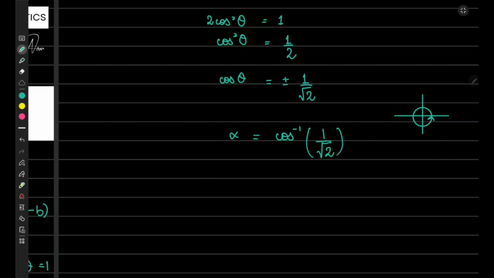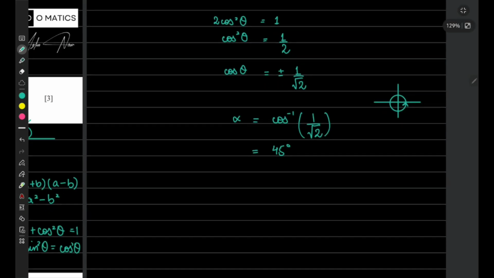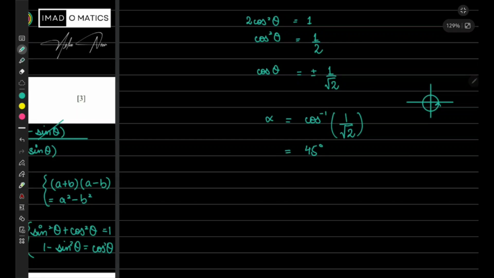Cos inverse of 1 over root 2 is actually 45 degrees because the range is given in degrees, so I'm taking degrees. Now we will be taking the angles, the positive angles, because we have positive 1 over root 2 and negative 1 over root 2 as well.